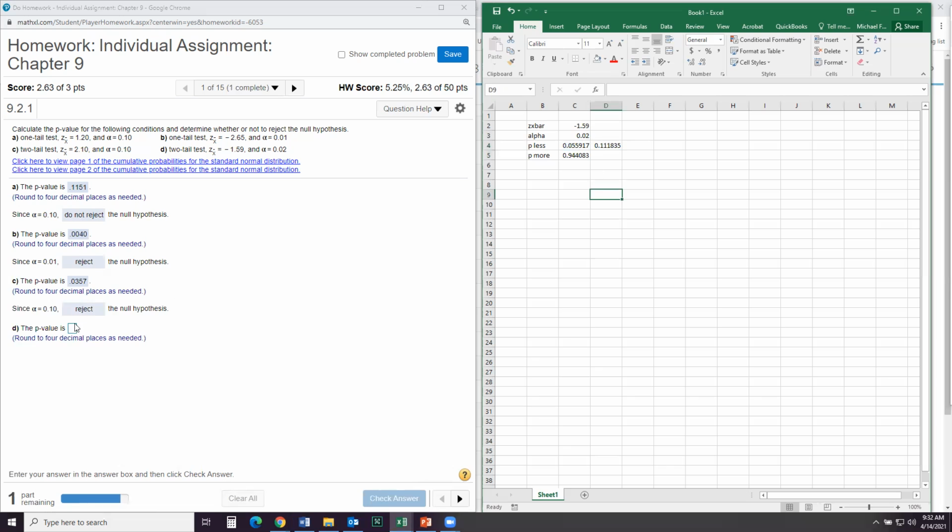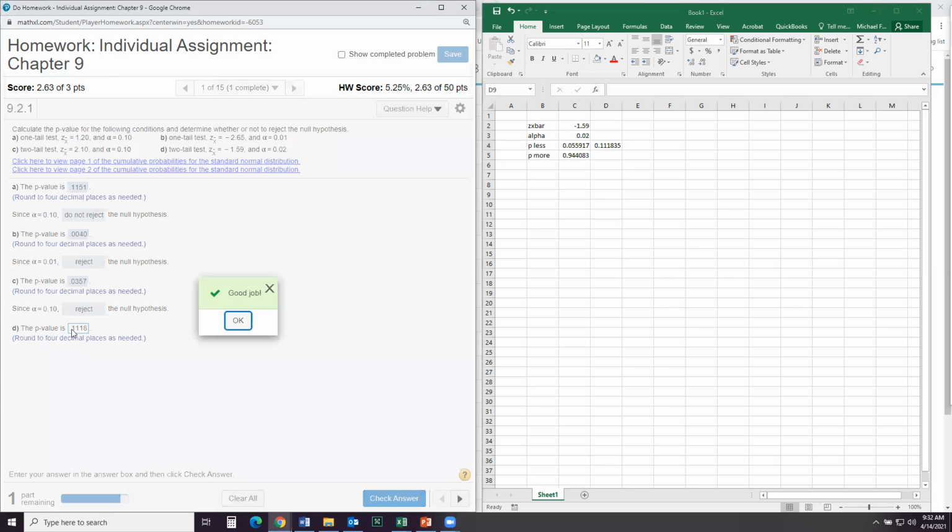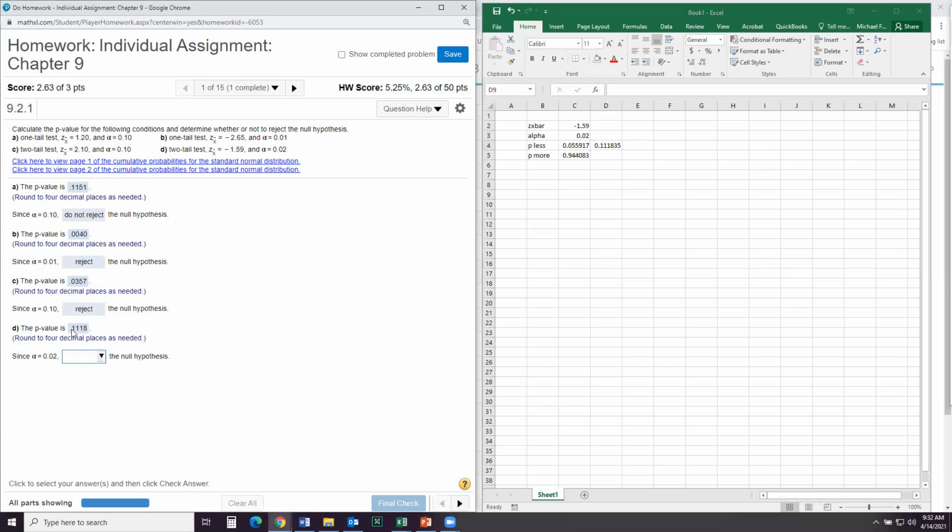Our p-value here is 0.1118, or 11.18%. 11% is greater than 2%. Because it's greater, we do not reject the null hypothesis.